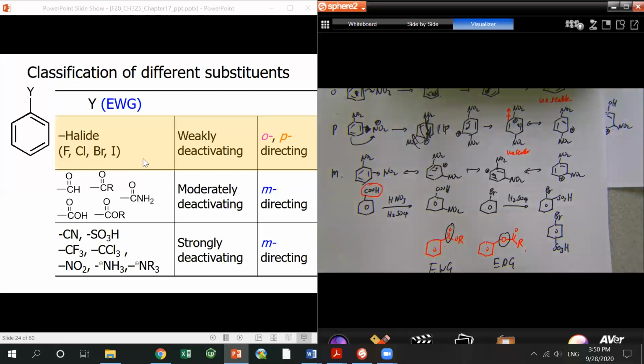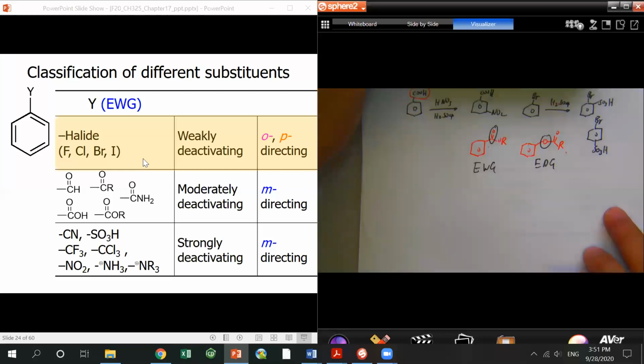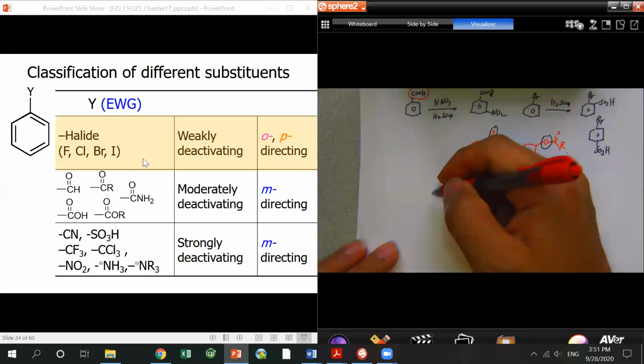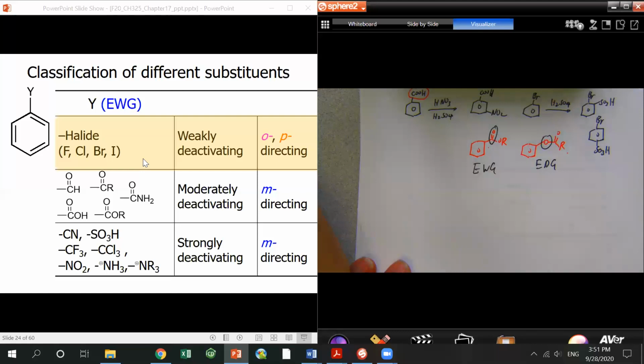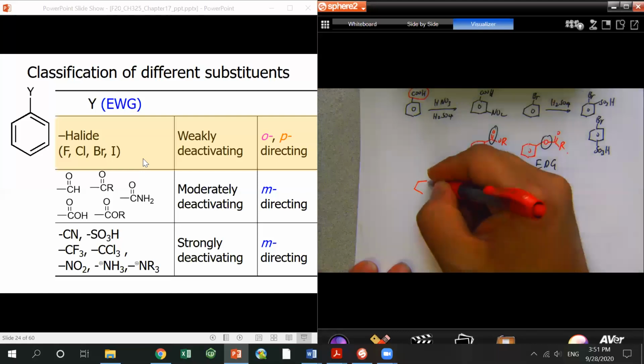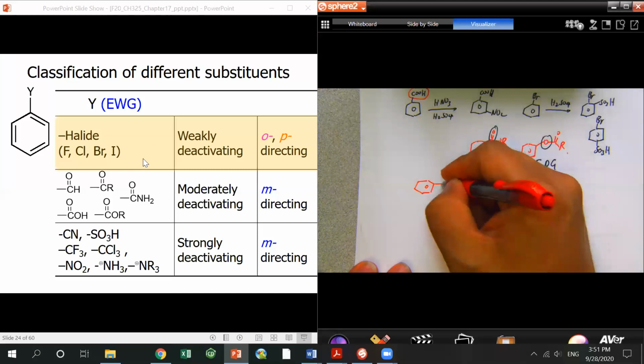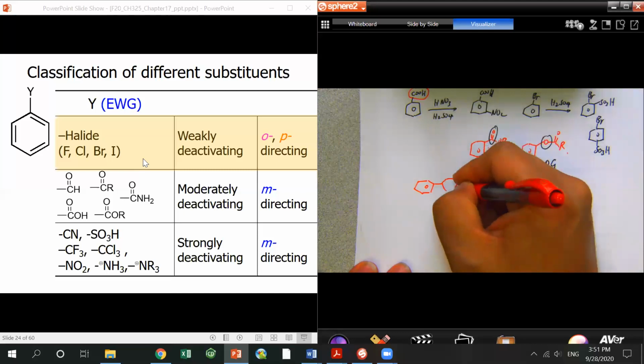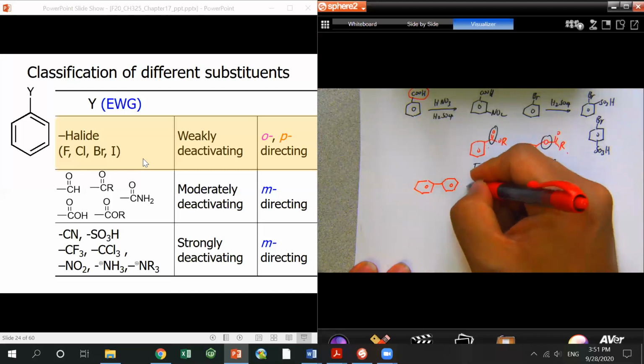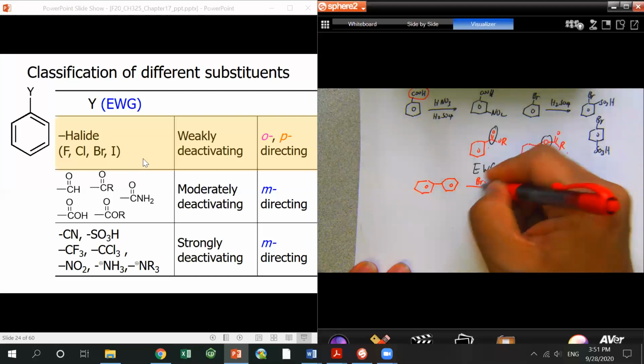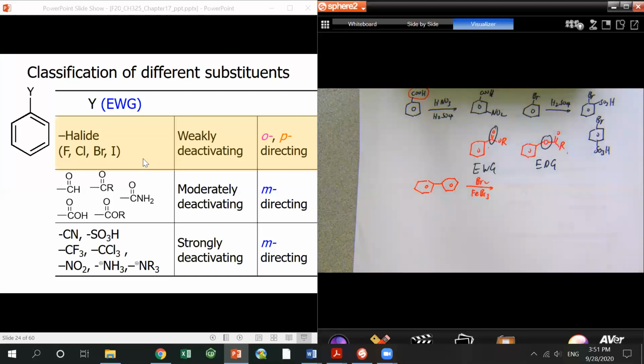All right, and then in the end of this class, let's try one hard one. We have this compound that we call biphenyl. Biphenyl compound.